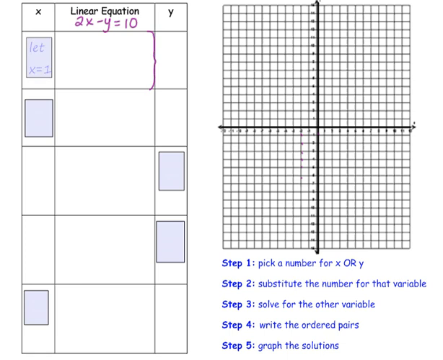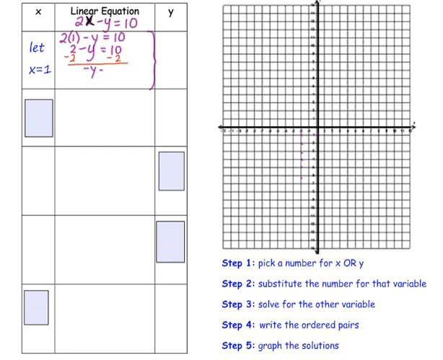For our first answer, let's let x equal 1. We're going to substitute the value of x with 1, and then we will solve for y. That gives us 2 times 1 minus y equals 10. Simplify. 2 times 1 is 2. Bring down the rest of the problem, and now solve for y. Subtract 2 from both sides of the equation, and simplify.